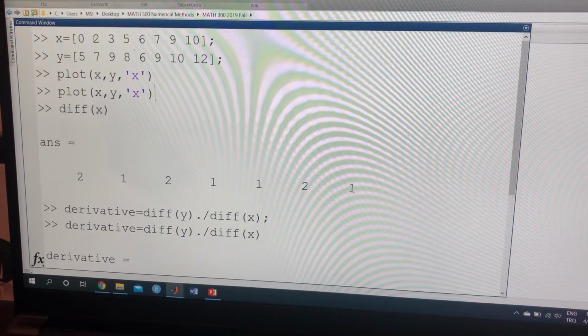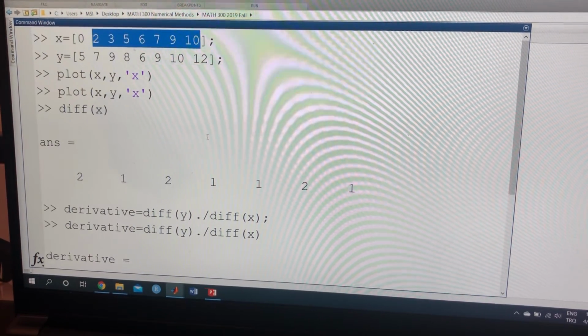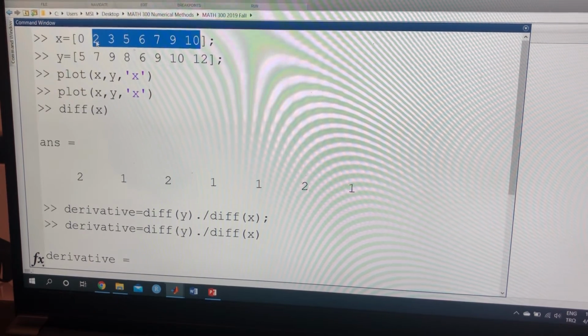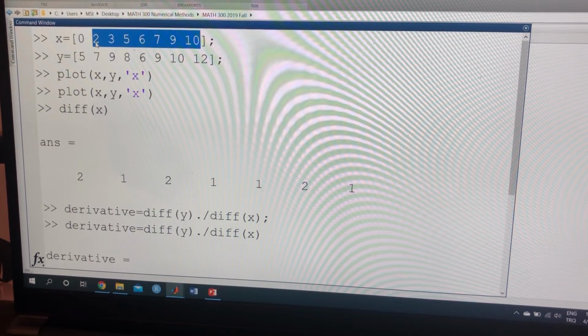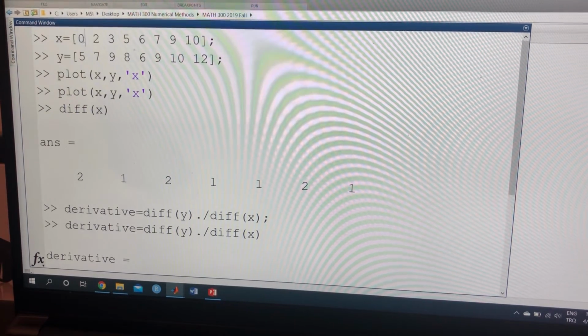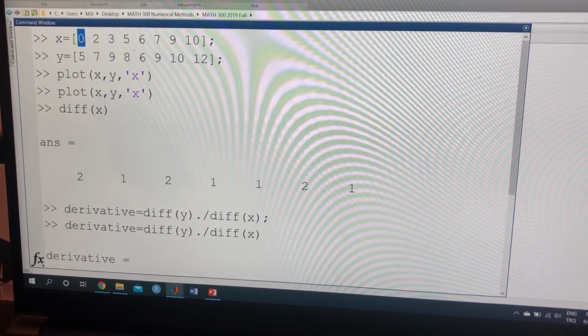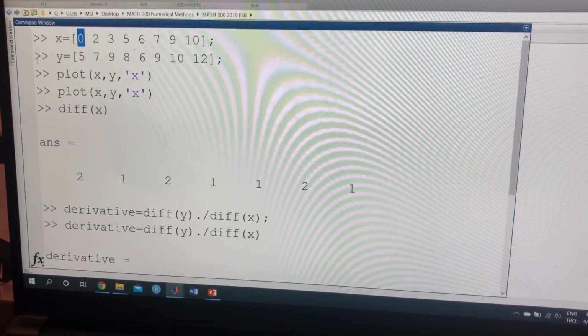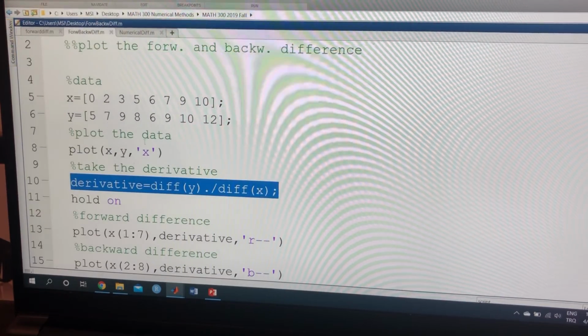But for the backward, you need to take the last 7 values, because this first derivative has to belong to the derivative at 2 for the backward difference. For the forward difference, the first derivative has to belong to 0. Okay? This is the only difference in how you can find the forward and backward differences in here.